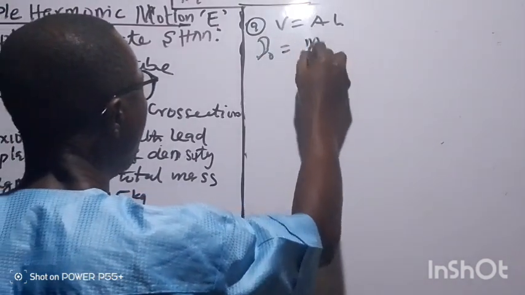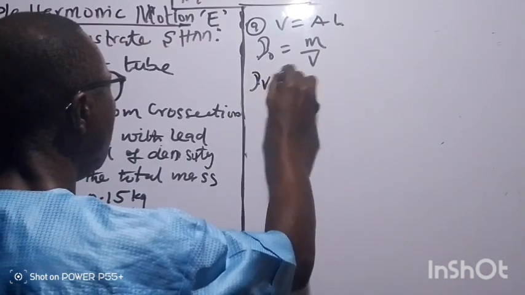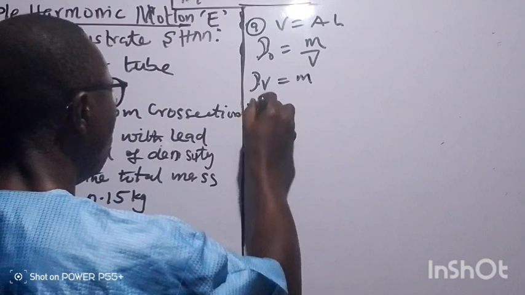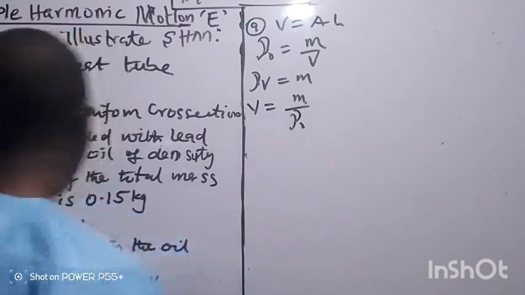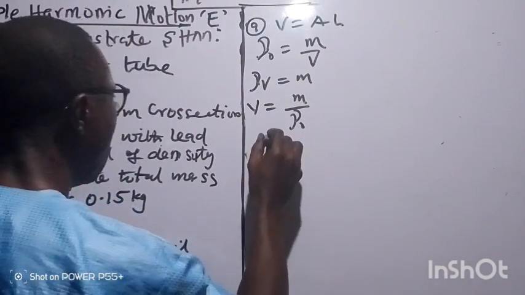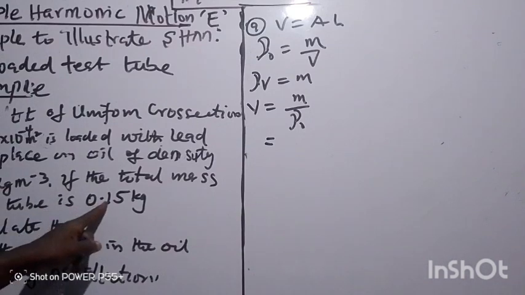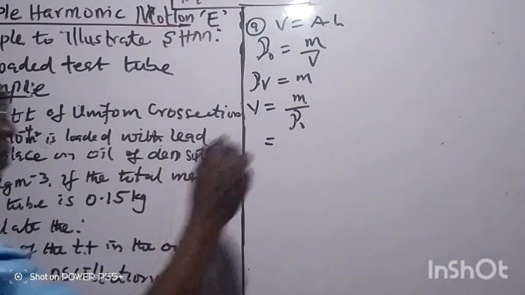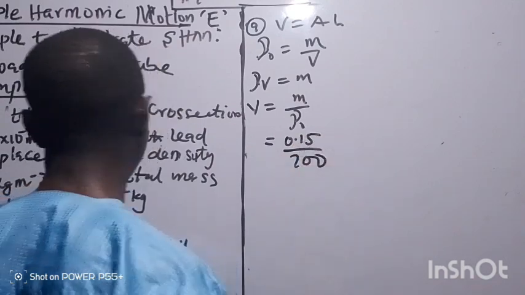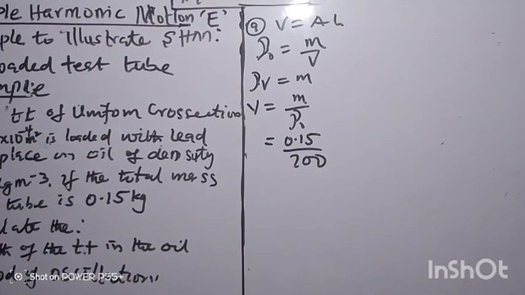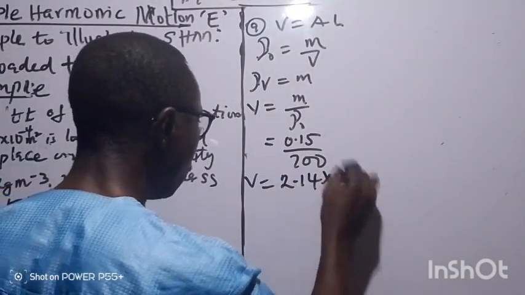So from there you can say density multiplied by volume is equal to mass. So we need volume. Volume now is equal to mass over density of the oil. And the mass of the test tube together with the content is given as 0.15 kg. So that will be 0.15 over 700, which is the density of the oil. Volume will be equal to 2.14 times 10 raised to power minus 4 meter cube.